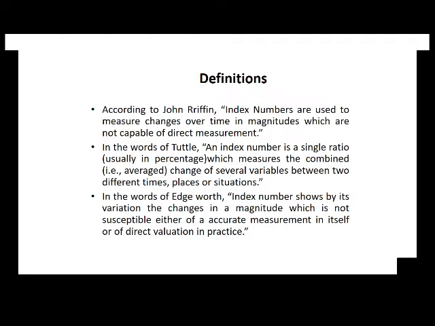In the words of Edgeworth, index numbers show by their variation the changes in a magnitude which is not susceptible either of accurate measurement in itself or of direct valuation in practice.